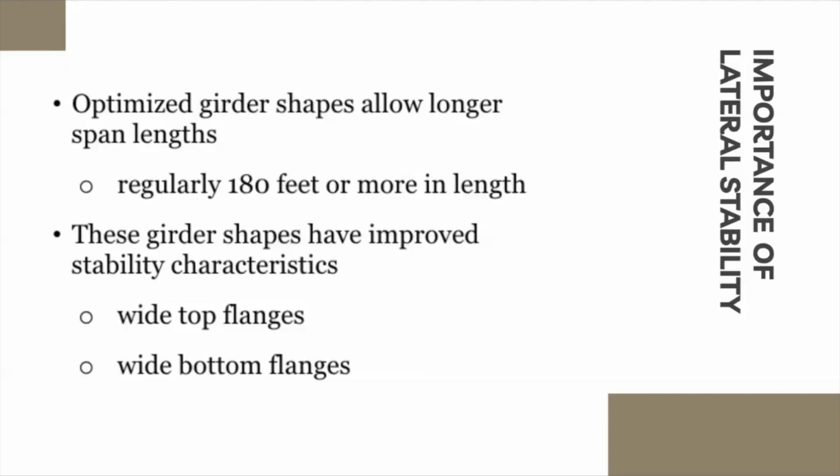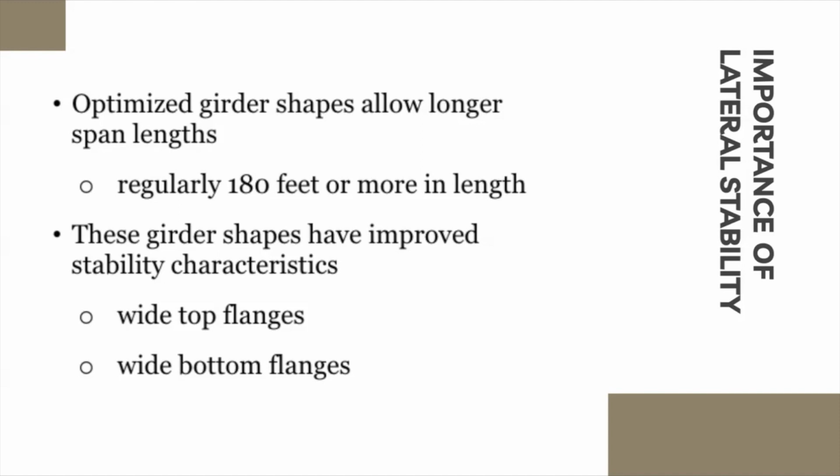Advances in the industry have allowed cross sections to be optimized to take advantage of larger strand diameters and greater concrete compressive strength, which allows for much longer spans. These improvements are great for the industry, but lateral stability still must be considered.